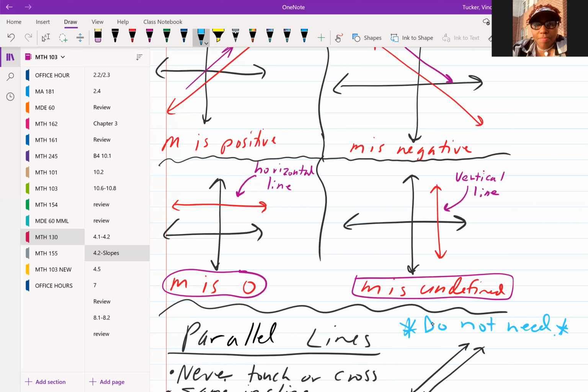If the slope is vertical, it's undefined. What does undefined mean? 0 being your denominator. When you do your calculations, you have 0 as your denominator, so that's why it's undefined.